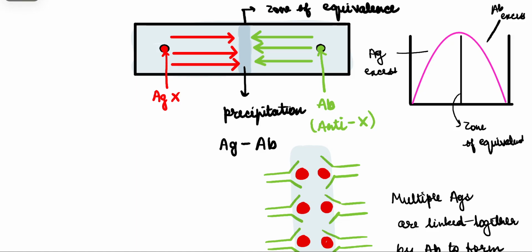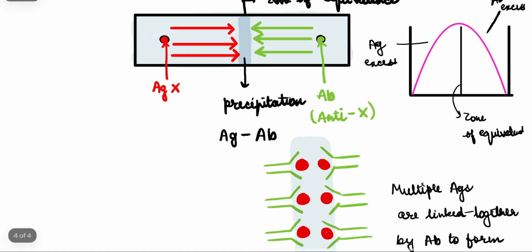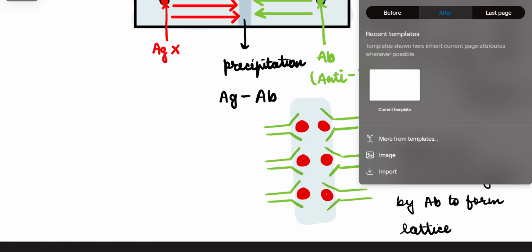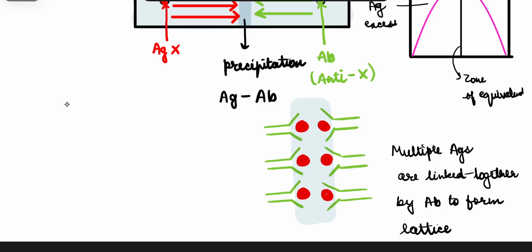Now, on the basis of what we have learned up till now, we can divide the immunodiffusion methods into two broad categories. So these techniques of immunodiffusion can be of two types.